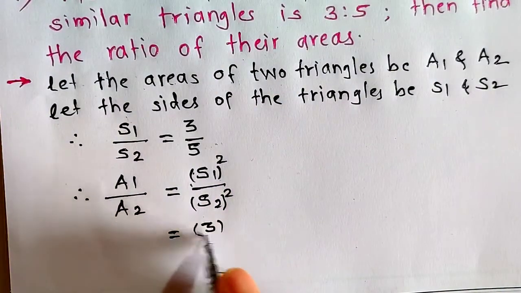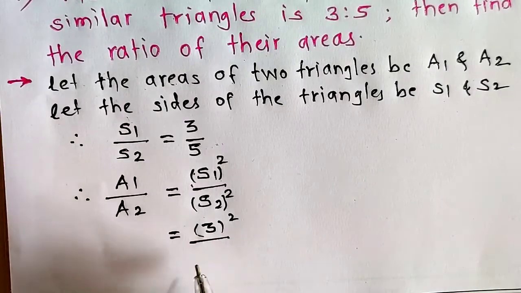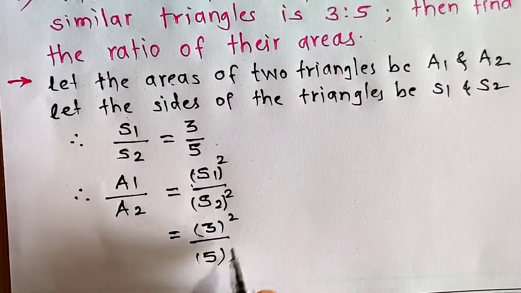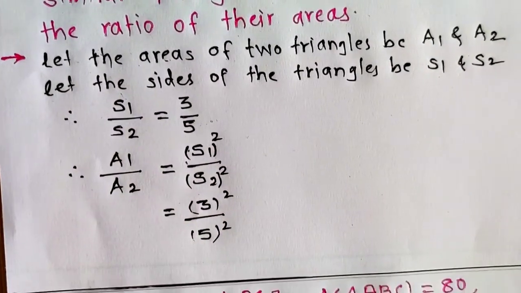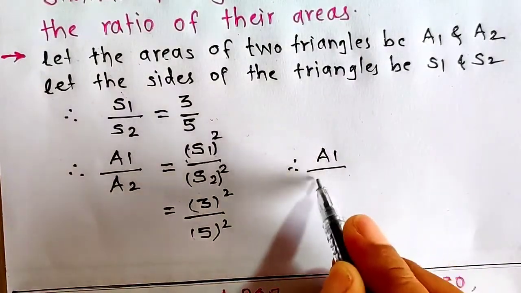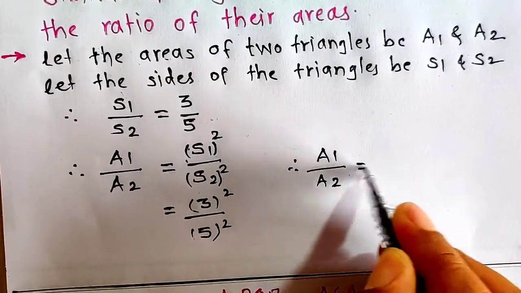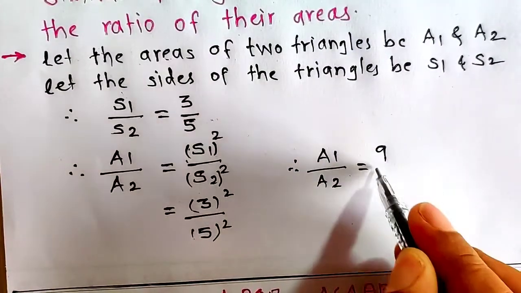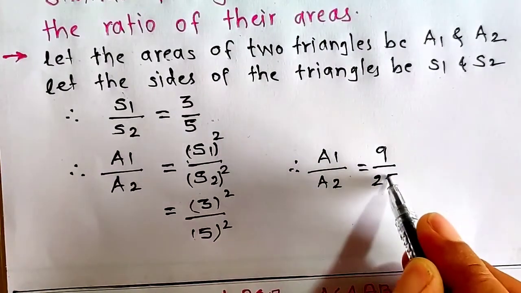Therefore 3 square upon 5 square. So we get A1 upon A2 is equal to 9 by 25.